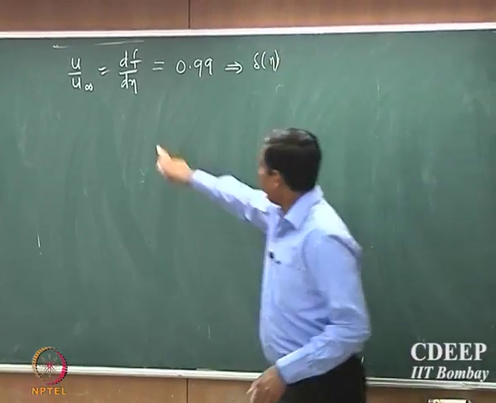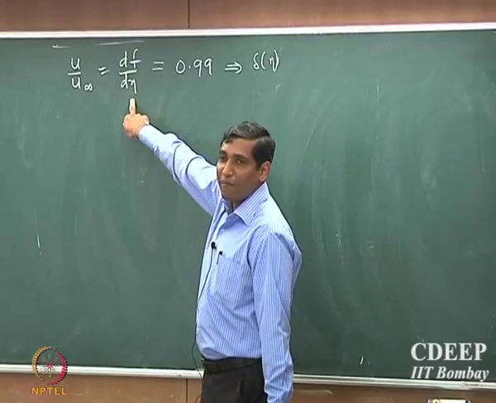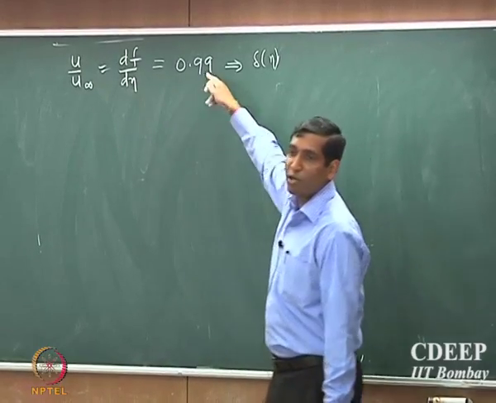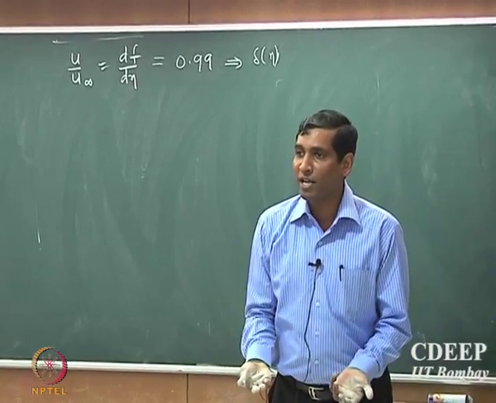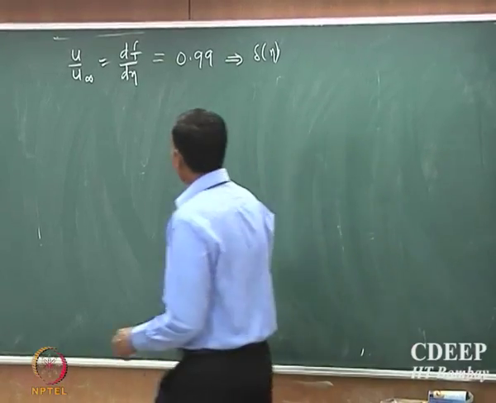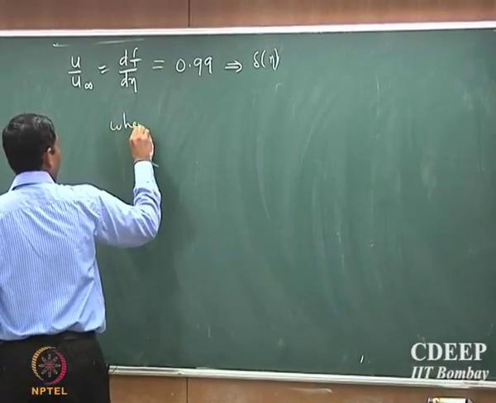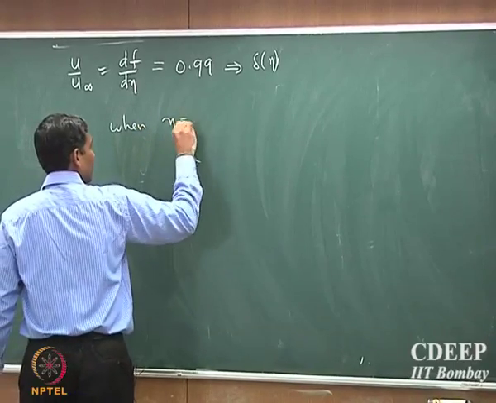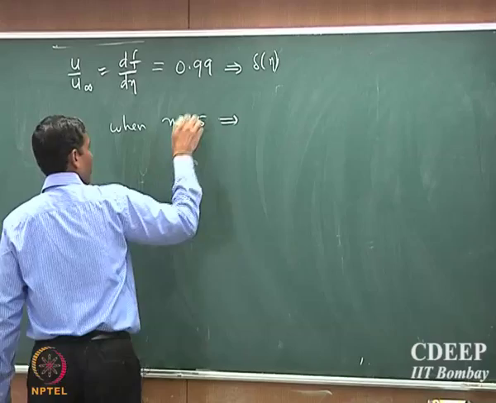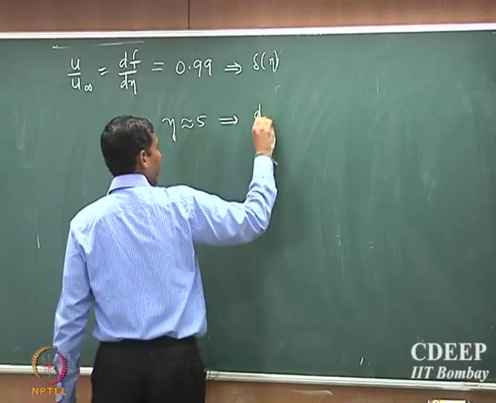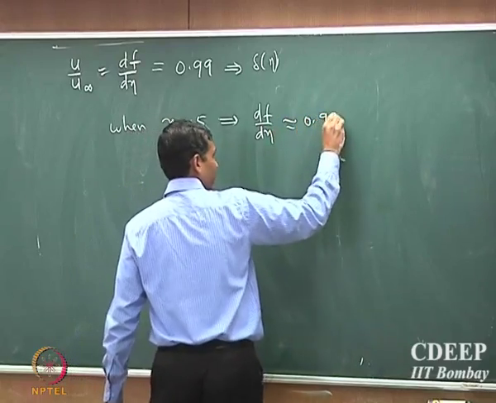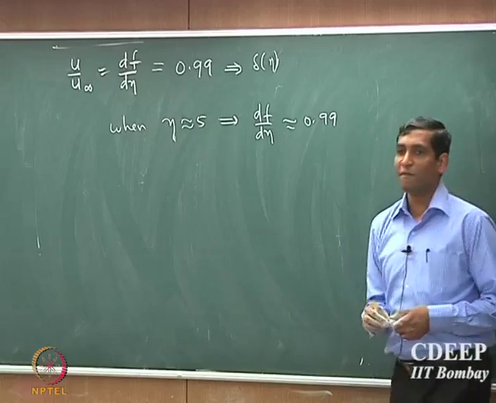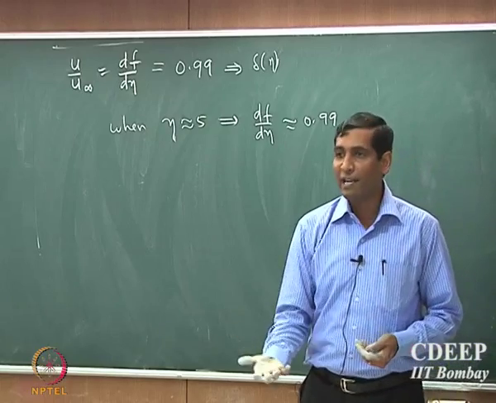Whatever value of eta at which df by d eta is equal to 0.99 tells you the corresponding boundary layer thickness. It was found that when eta is approximately 5, df by d eta is approximately 0.99. So eta equal to 5 defines the boundary layer thickness.